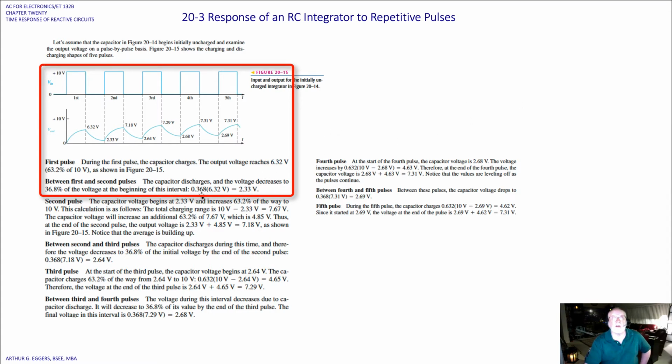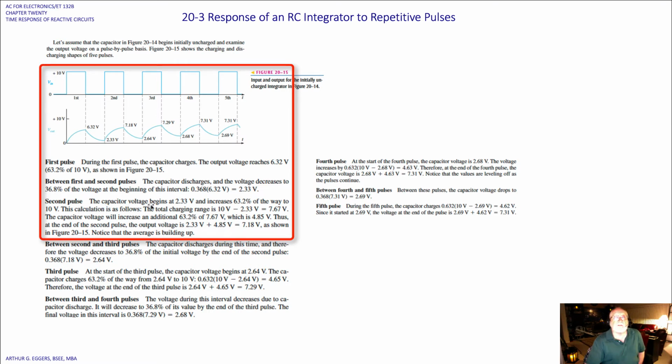So 0.368 times 6.32 gives us a value of 2.33 volts. Again, this goes back to what we've learned about the transient response and the levels of tau with each iteration. So now we're up to the second pulse, going from minimum to maximum, back to minimum, and getting set for the third pulse.